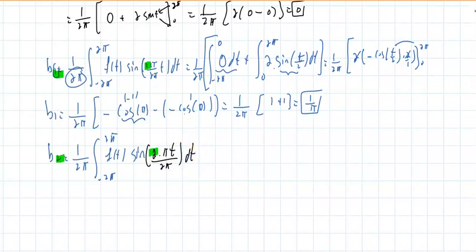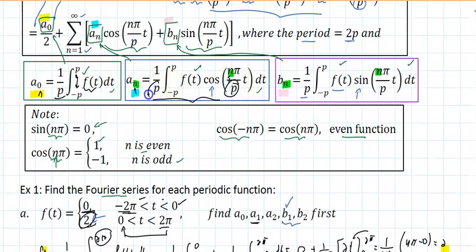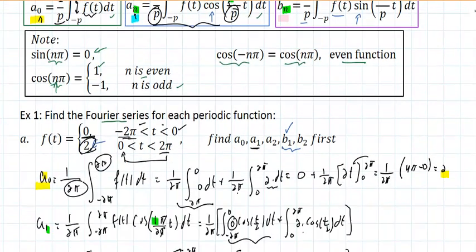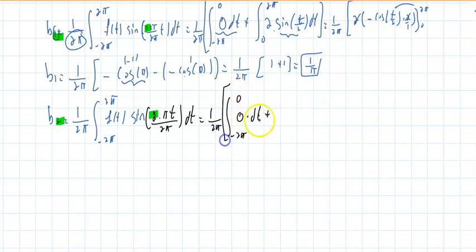So remember, the denominator of this right here is the same as that right there. And the top is going to be n times pi. So if n is 1, that's 1 times pi. If n is 2, that's 2 times pi. And you'll notice how this is going to play. This is negative 2 pi to 0 of 0 times, no need to work that out, plus the integral from 0 to 2 pi of 2, which is my function, f of t, times the sine, and those cancel out, just t. And the next one will be 3 halves, and it'll keep on going up.